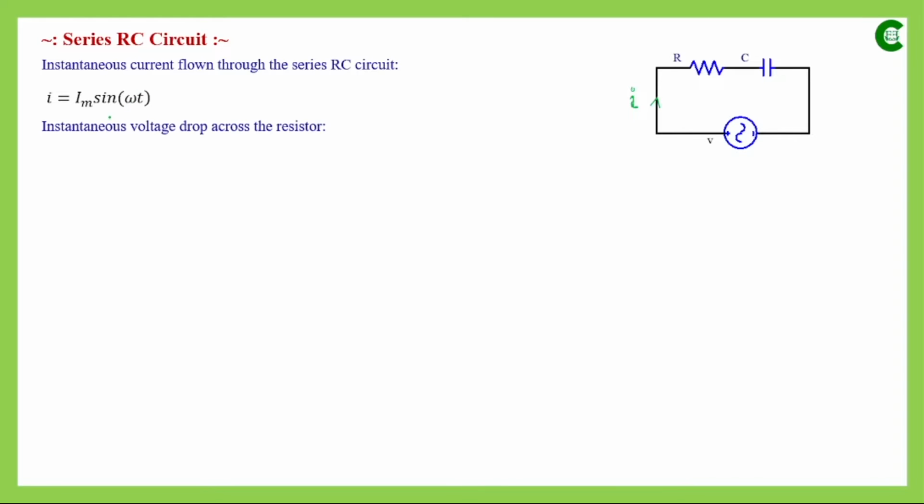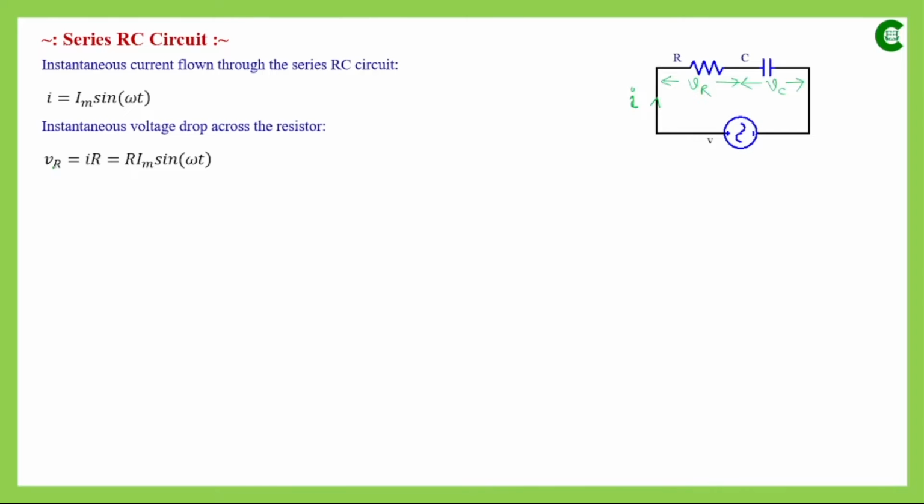Now with the help of this expression of instantaneous current in this series RC circuit, next we will find out the voltage drop across this resistor, which we represent by VR, and across this capacitor, which we represent by VC. So VR is the voltage drop across the resistor, so it will obey Ohm's law.